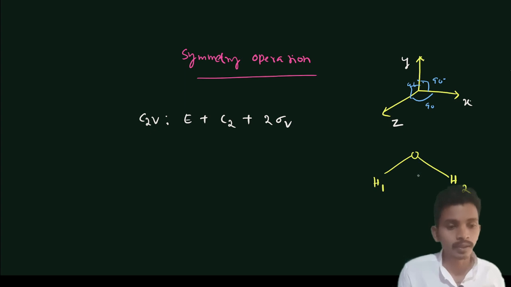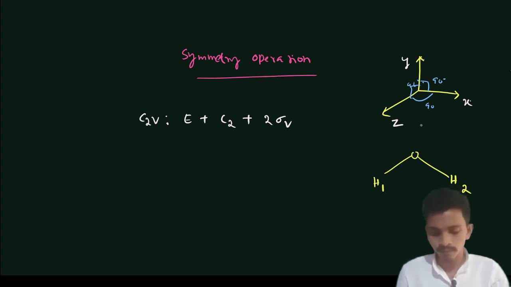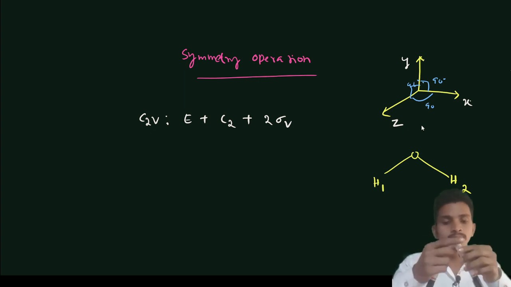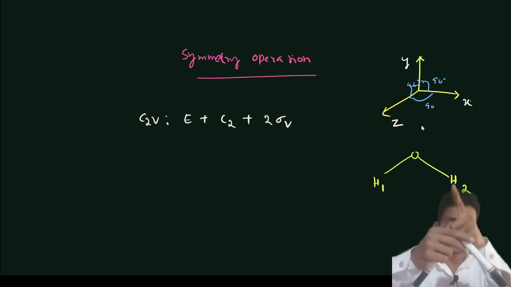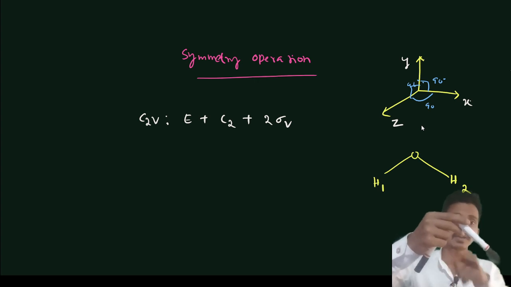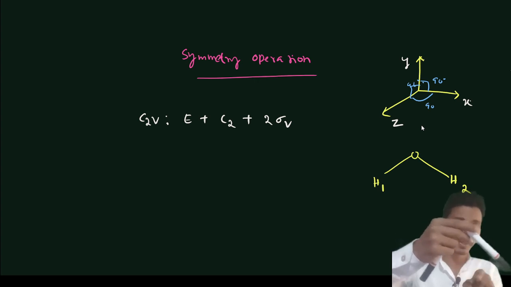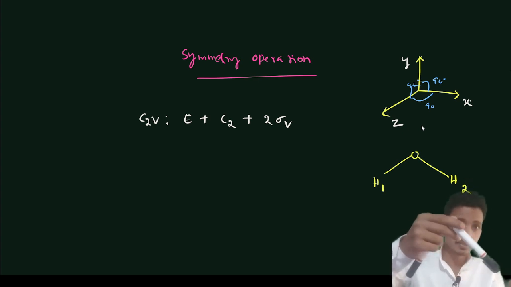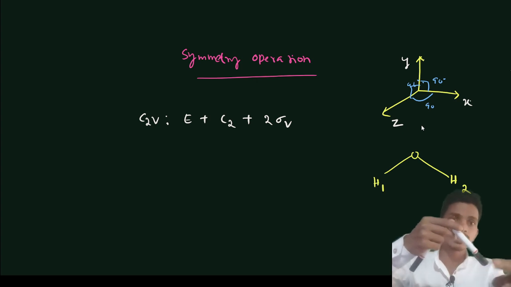So if this is the water molecule, one y-axis is in this direction, the x-axis is in this direction, and the z-axis is in this direction. The water molecule is planar, so it lies in the xy plane, because this is y, this is x, and this is z.